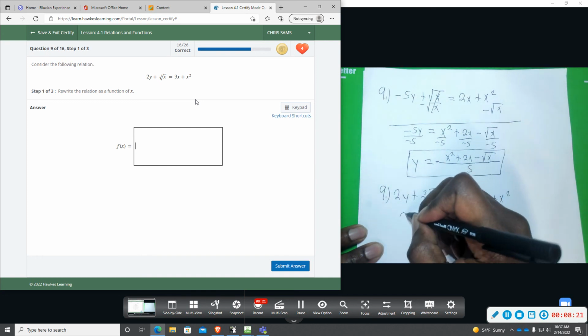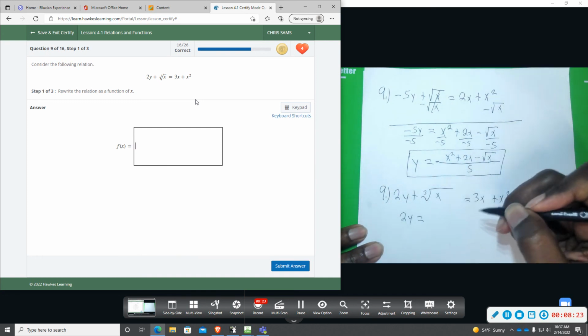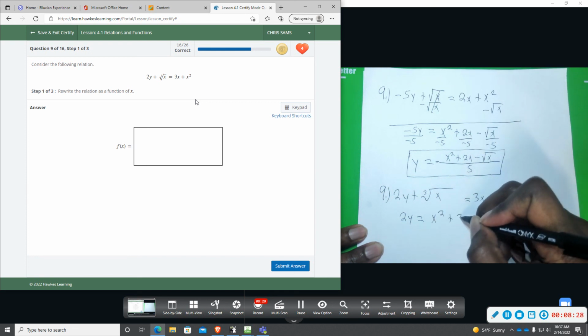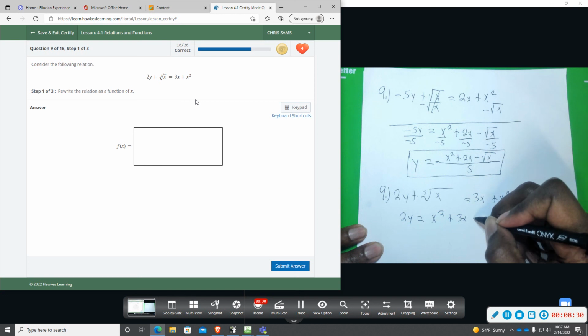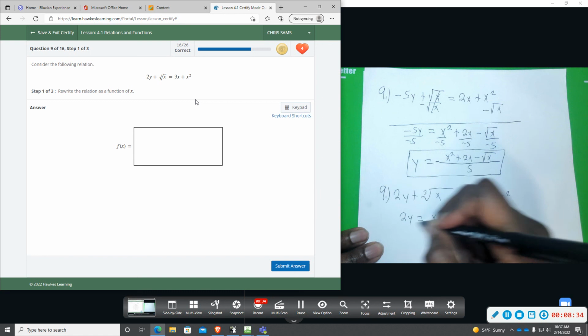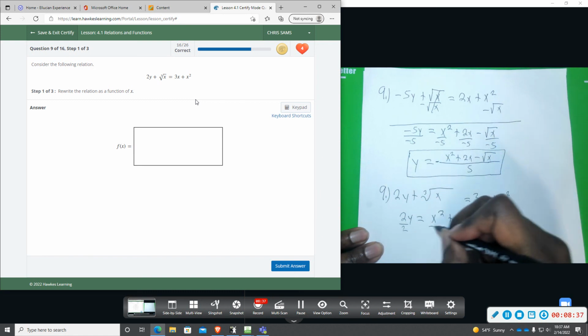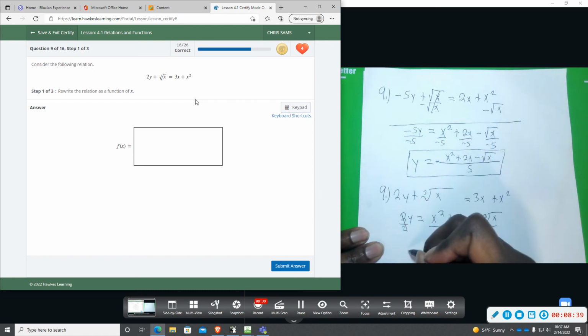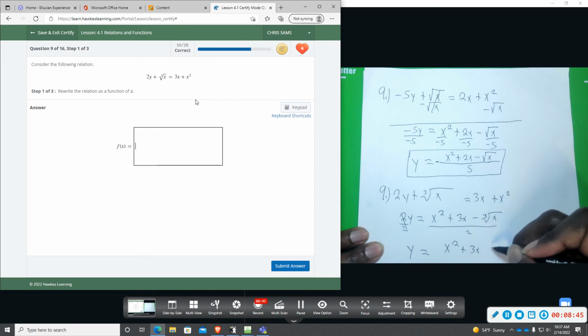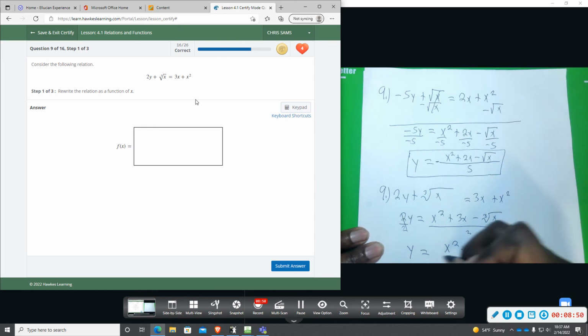It's going to give me 2y equals x squared plus 3x minus the cube root of x, and then we're going to divide by 2, and so we have y equals x squared plus 3x minus the cube root of x, all divided by 2.